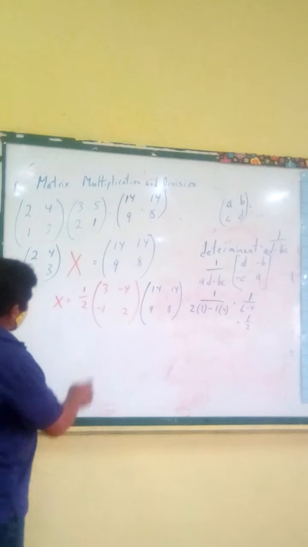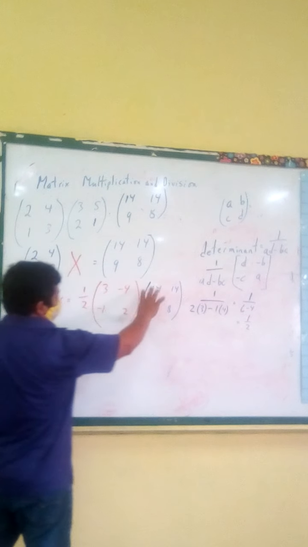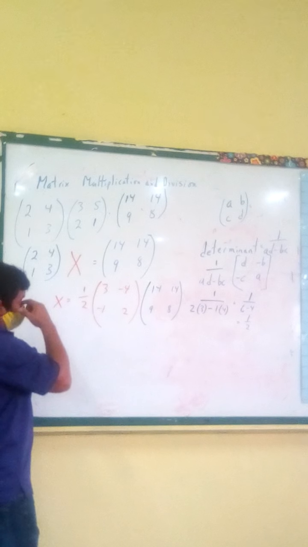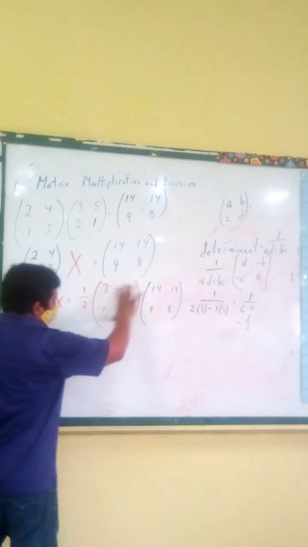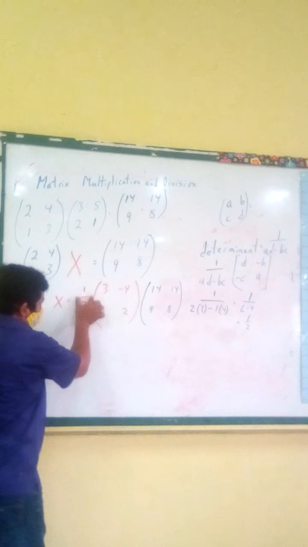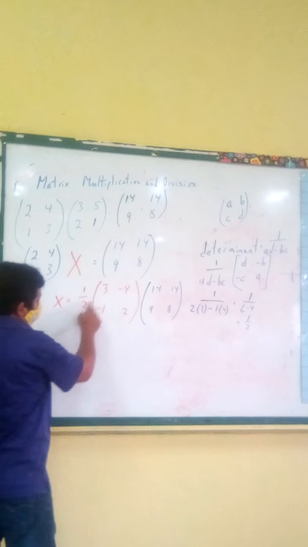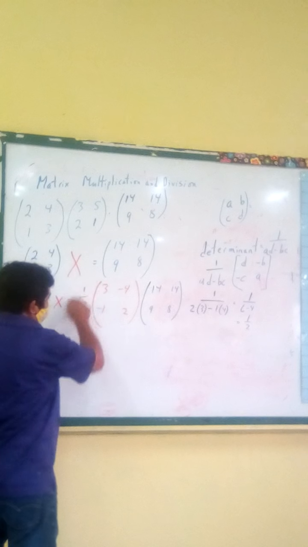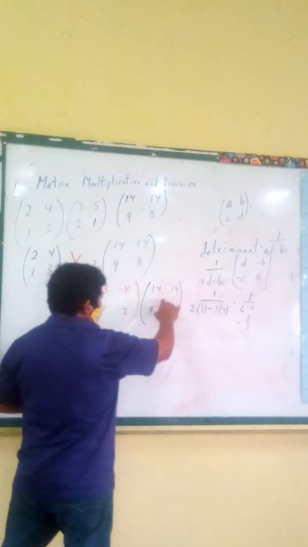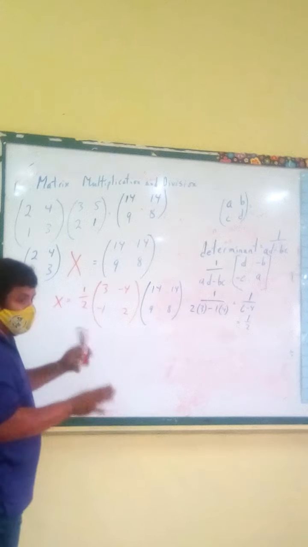So now we can multiply this matrix by half and this matrix by half. That's up to you. My advice would be that you multiply the matrix solution by half last. The reason why is that if you multiply by this half, because this is a fraction, you might end up with fractions here, and when you start to multiply inside, you will end up with more fractions. So my advice, you work with the fraction last.